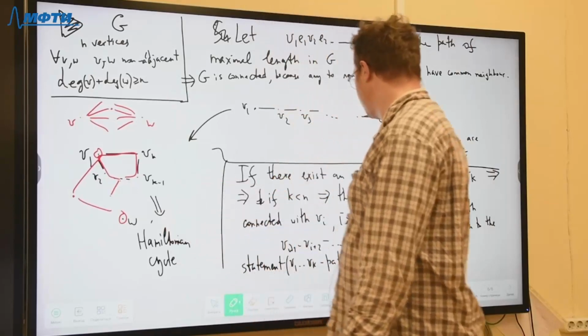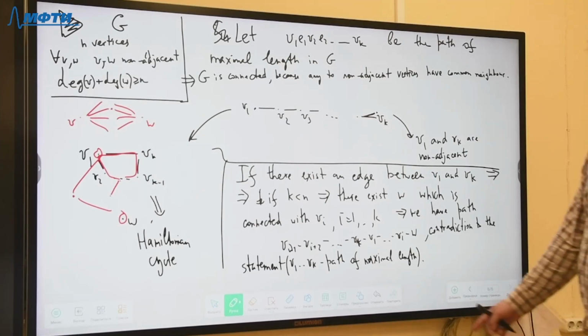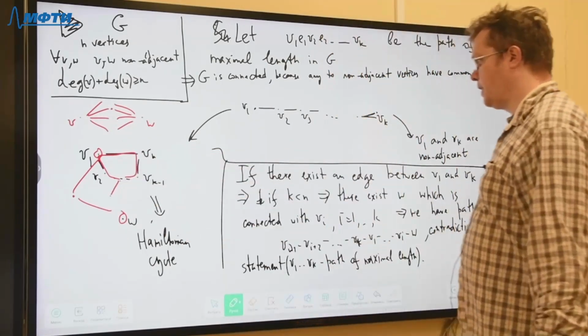By connectedness we obtain that. So if V1 and Vk are connected, then we already find the Hamiltonian cycle.